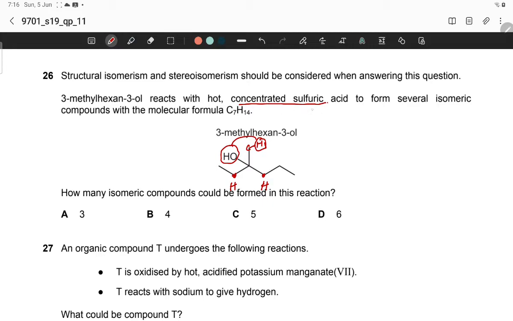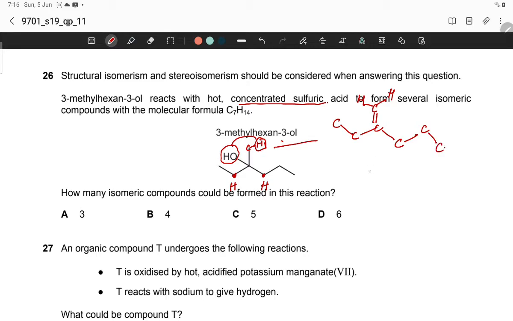So when it reacts with hot concentrated sulfuric acid, we have the structure C double bond carbon H and H, carbon and carbon.